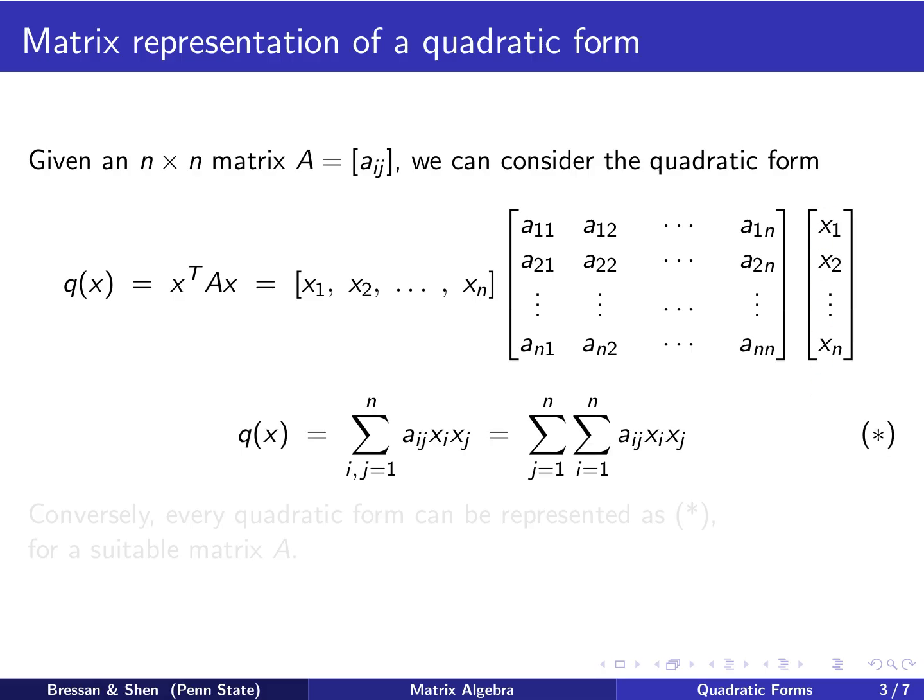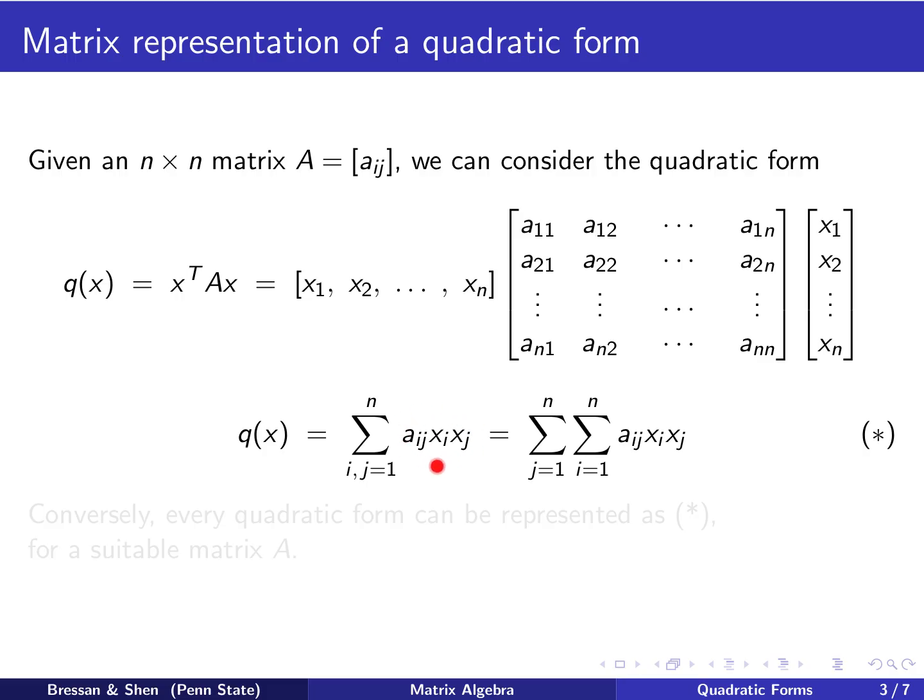And if we work out these 3 products, you see that q of x equals the summation of all possible quadratic terms. So it will be the summation over all i, j running from 1 to n of aij times xi times xj.